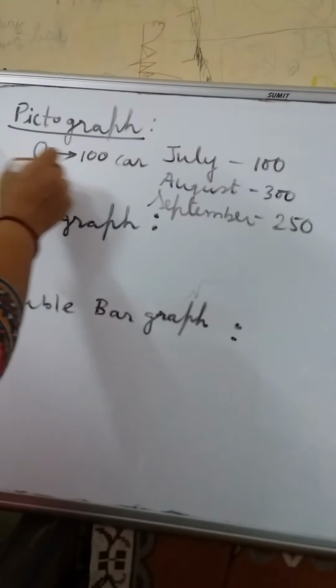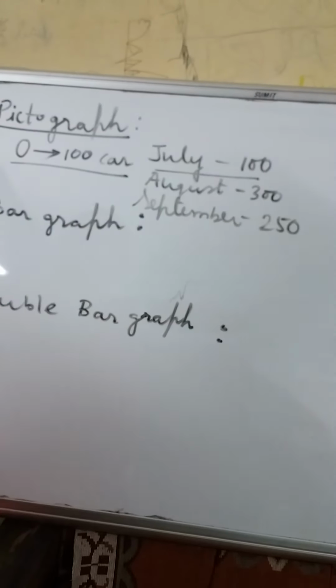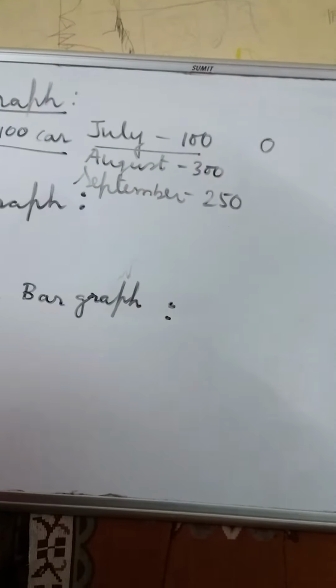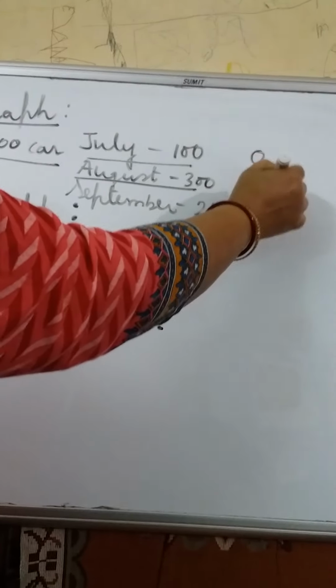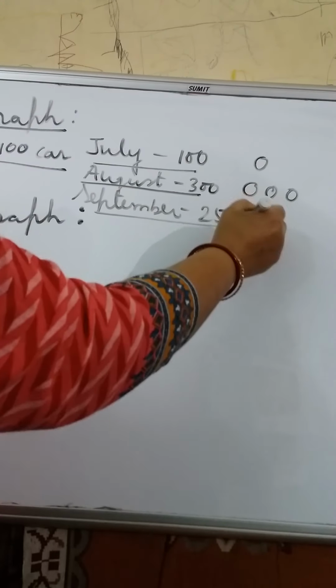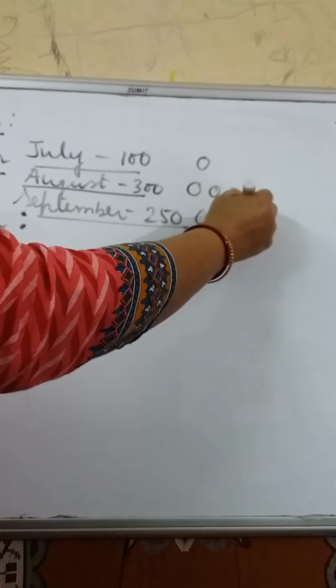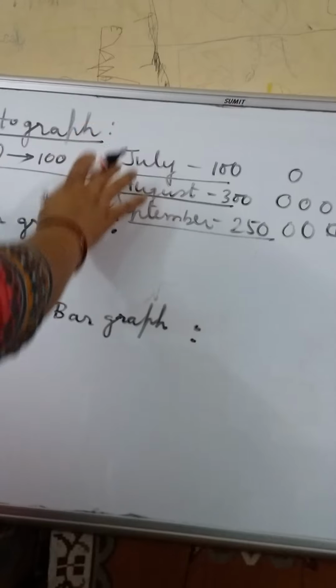If I represent this with one symbol as 100 cars, for the month of July how many circles will I draw? One. In the month of August, three. And for the month of September we will draw two, and another one is half. We have learned this.